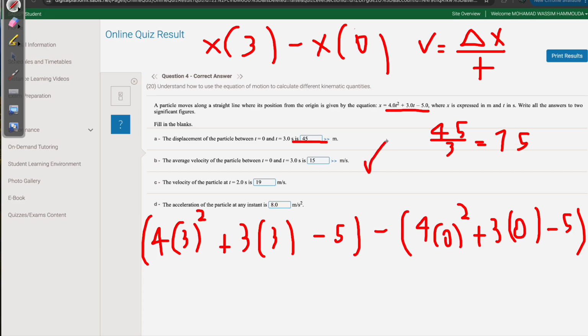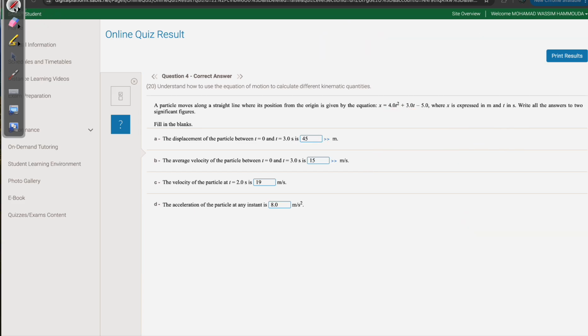For C and D, it is complicated. If I'm not mistaken, oh wait, no, let me do it another way. For part C, for the velocity of the particle, the velocity as a function of time is equal to the derivative of x.